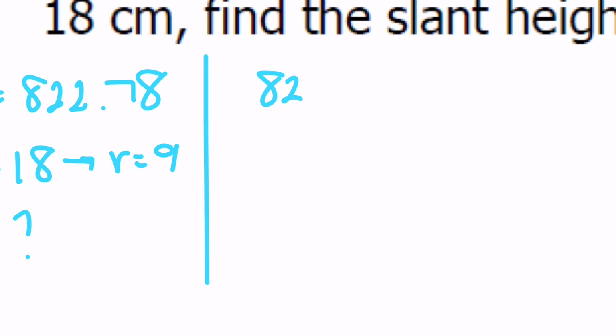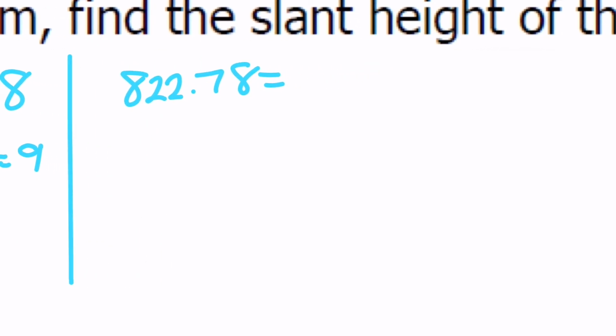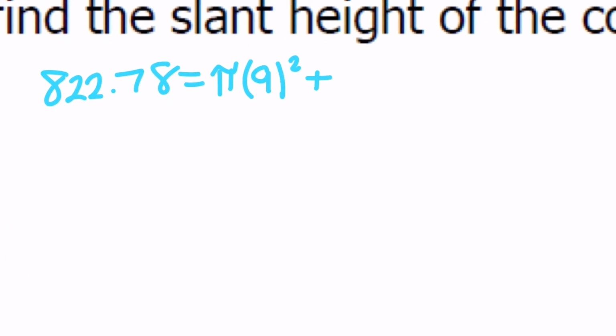So 822.78 equals pi times 9 squared plus pi times 9 times L for my slant height.